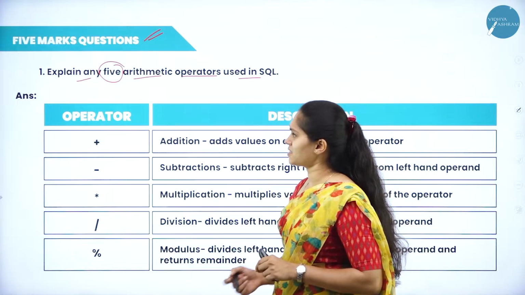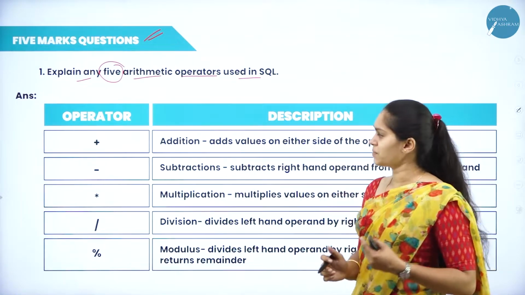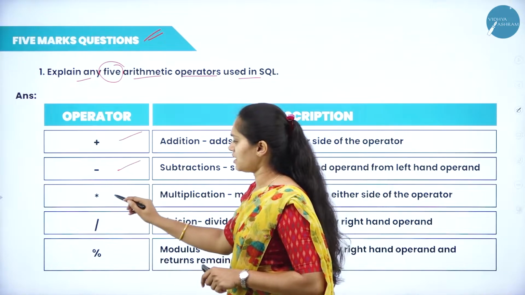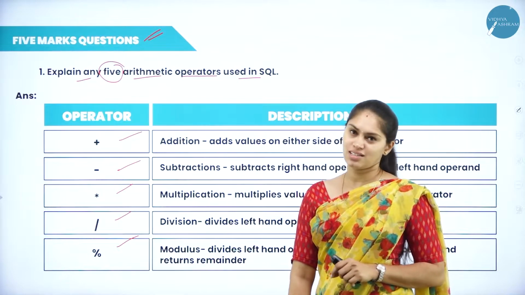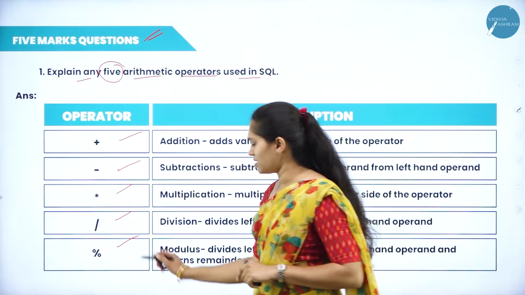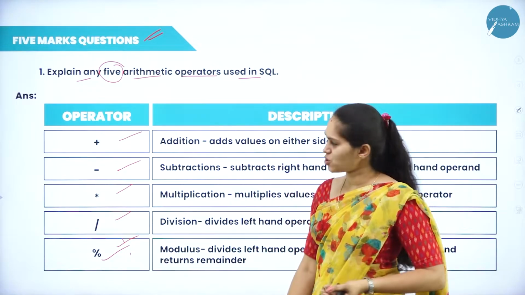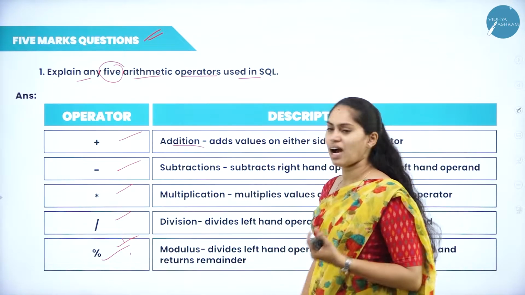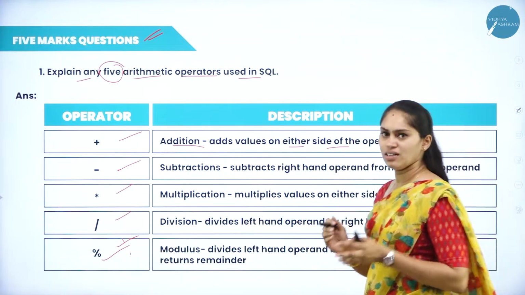So here they are asking, explain any 5 arithmetic operators used in SQL. Then we have plus, minus, multiplication, division, and percentage, isn't it? That is not at all percentage, we are going to call this modulus. As we all know, plus is nothing but addition, that performs the addition of values on either side of the operator.